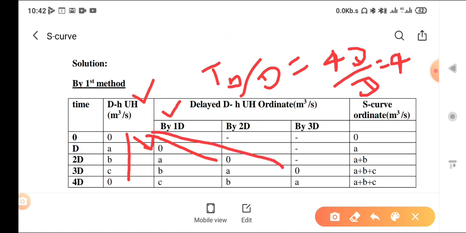Now we simply have to add all the ordinates of these 4 hydrographs.